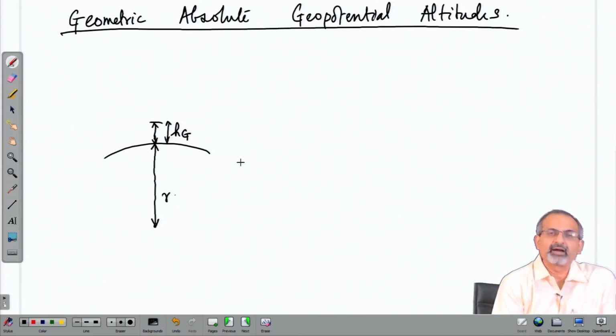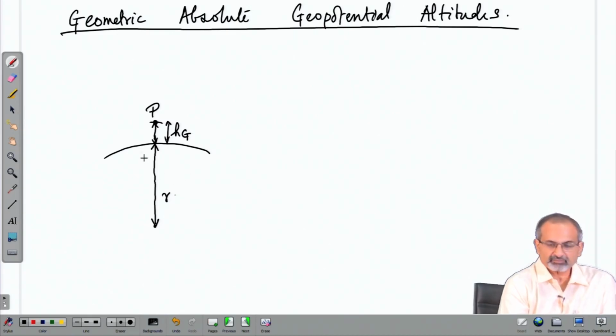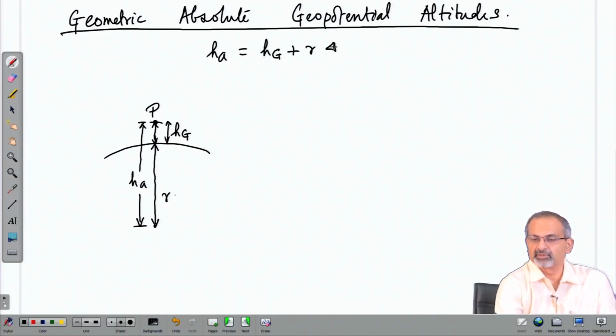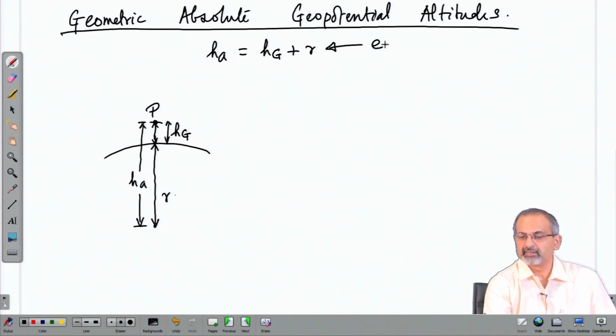It is the geometric height above sea level for a point P, which is within the atmosphere. The absolute altitude is the sum of Hg plus r. Remember, r is the Earth's radius, again in a mean sense.